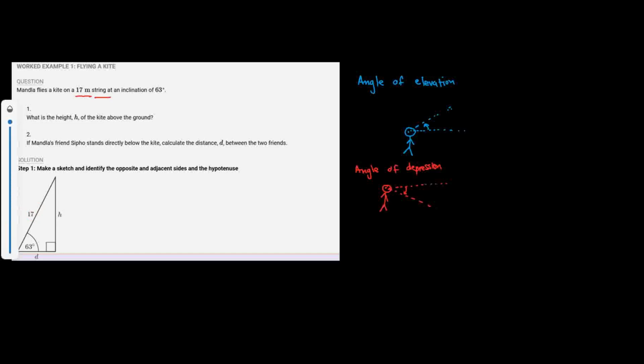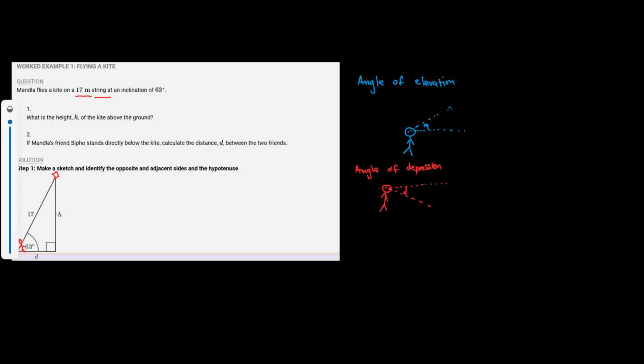Imagine that he is somewhere here and the kite is formed here. This is the line of the kite, and he's holding the kite. Of course he's looking up. There's an angle of elevation of 63 degrees, which they refer to as the angle of incline. It's an inclination of 63 degrees.